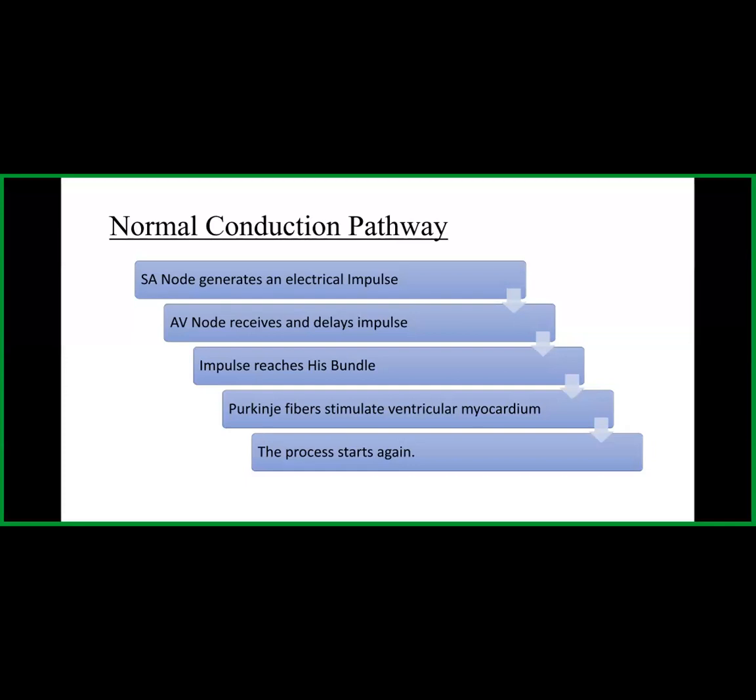So the SA node is the one that generates the electrical impulse under normal conditions. And this impulse spreads across the atria, and this primarily occurs via cell-to-cell conduction. The velocity of the impulse in the atria is about 0.5 meters per second. And when this impulse is released from the SA node as it passes through the atria, a phenomenon known as depolarization occurs.